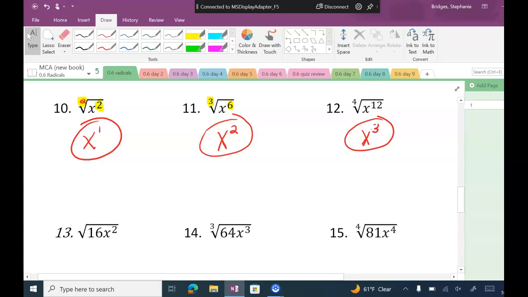Now you've got numbers and variables together. So you can just think about them individually. Take whatever root of the number and then the root of the variable, and then you just multiply those as the answer.